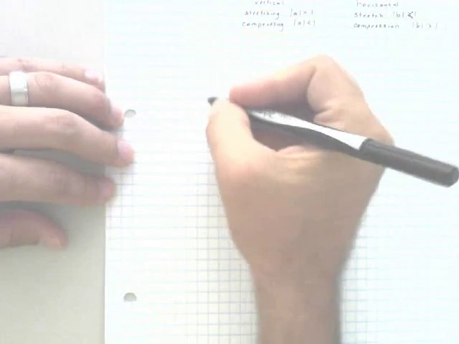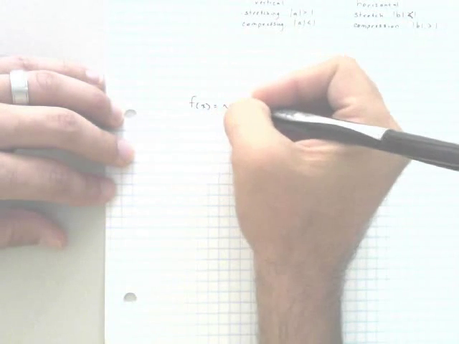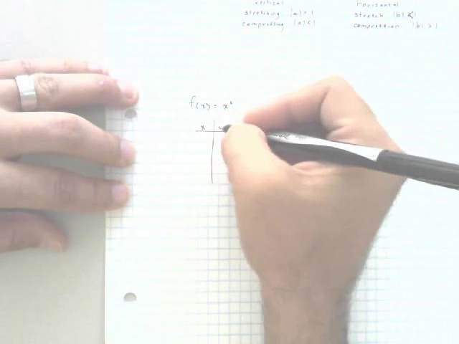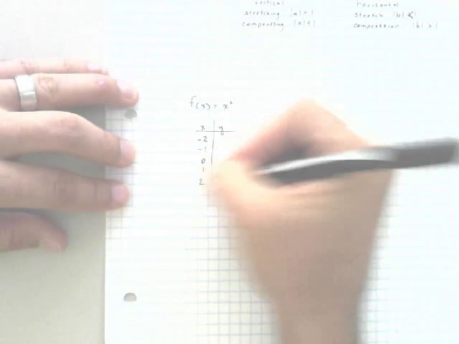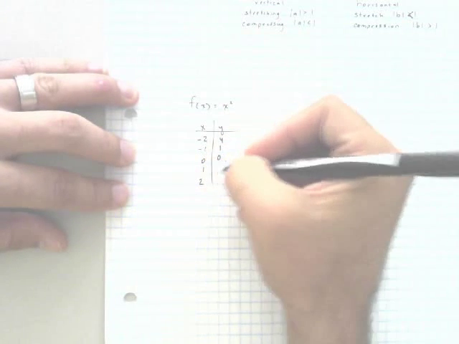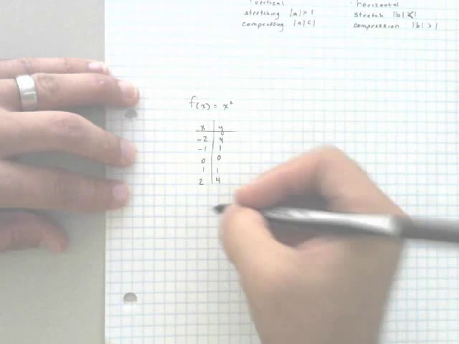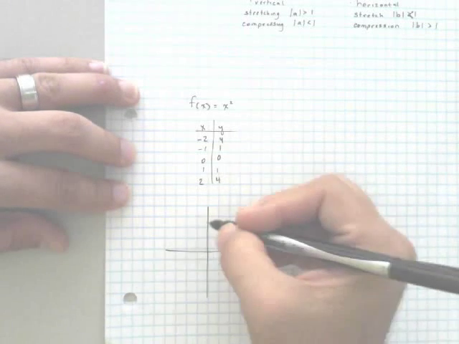So let's say, for example, I have the equation f of x equals x squared, which is just our standard parabola. So we have x and y, -2, -1, 0, 1, and 2. And we know that for that parent function, we have points at 4, 1, 0, 1, 4.